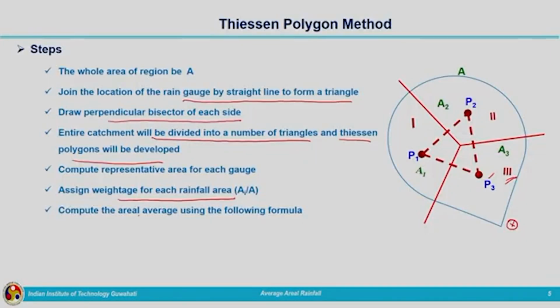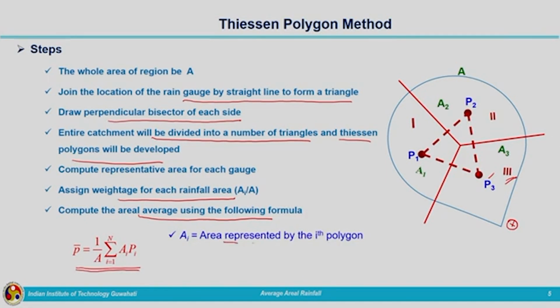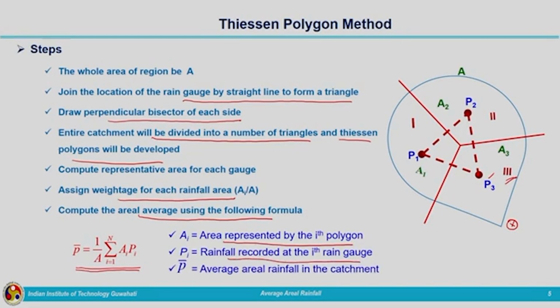Now, we can compute the areal average rainfall using the formula: P bar, the average precipitation, is equal to 1 by A times the summation from i equal to 1 to n of Ai Pi. Ai is the area represented by the ith polygon, Pi is the rainfall recorded at the ith rain gauge, and P bar is the average areal rainfall in the catchment.